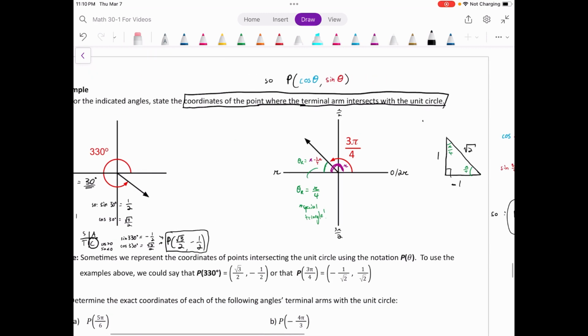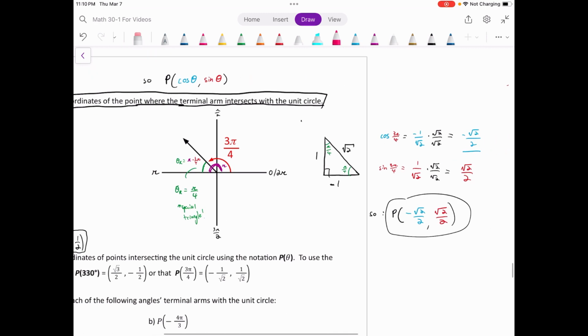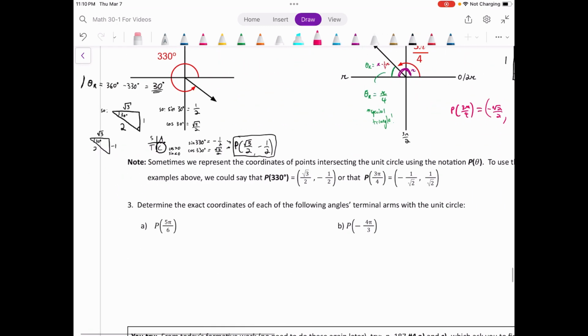So just to go back to this, we could have said that P of 3 pi over 4 equals what we just found, negative root 2 over 2, root 2 over 2. That's sometimes a way we represent it, right? What are the coordinates of the point where this angle intersects the unit circle, which is what we just found, okay?